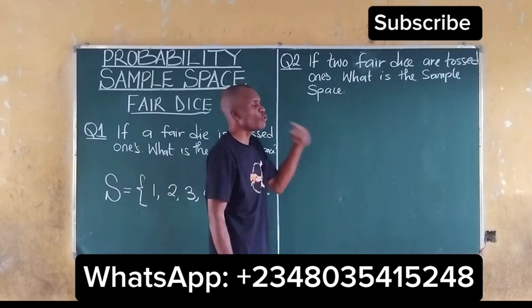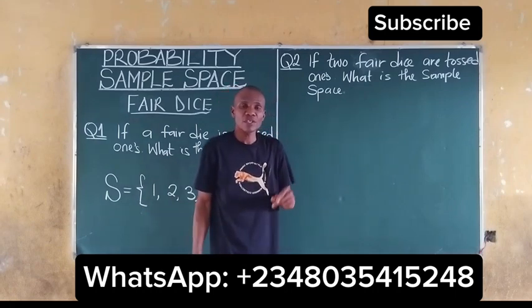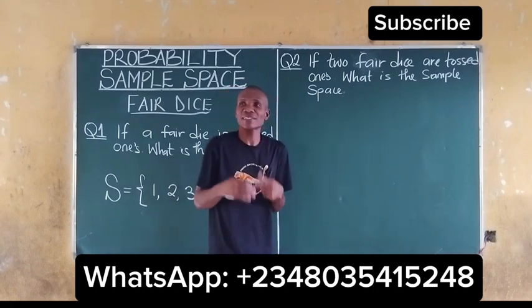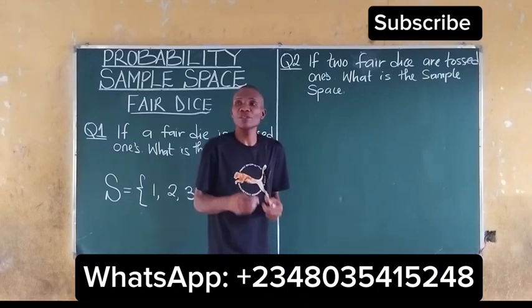So if you throw 2 fair dice one time, what will now result in the sample space? How can we compute the sample space?